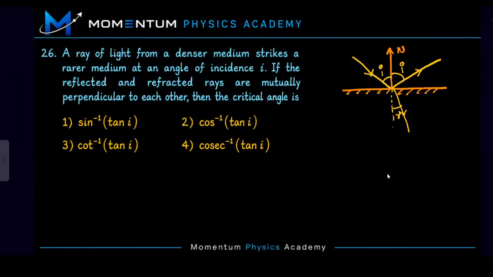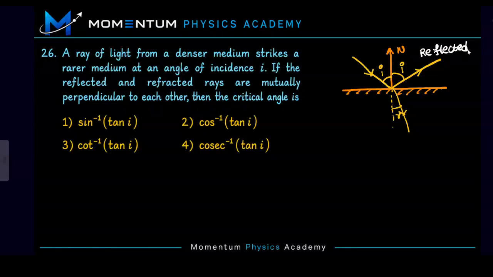Okay. Now, so what they're saying here, we see the reflected and this is refracted. This angle is given as 90 degrees, and they're saying now it is moving from denser to rarer. So this medium refractive index is mu d. This medium refractive index is mu r.